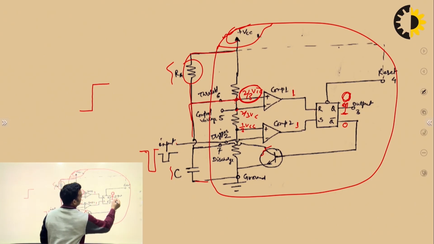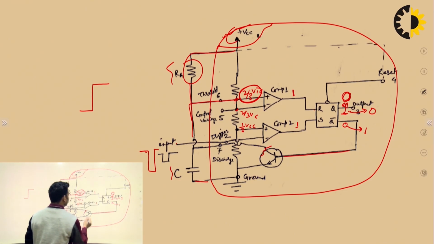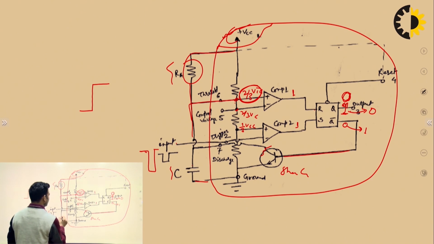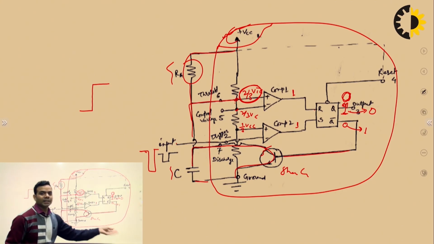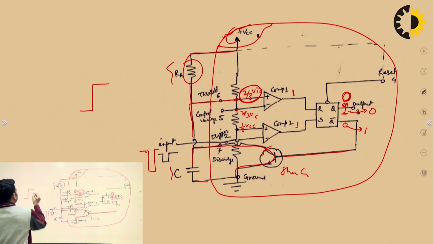That means now this 1 will change to 0 and this will change to 1. Now this transistor will become short circuit, and that means this capacitor will have this path to get discharged. So now this capacitor will get discharged, and this value again will change to low.